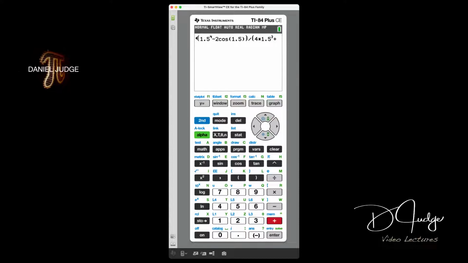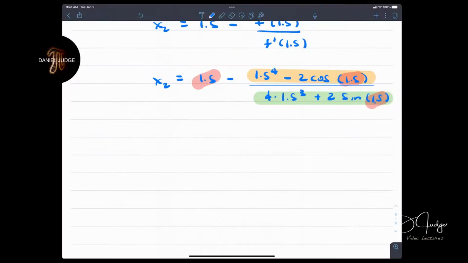Now this is plus 2 sine of 1.5, and close this twice here. So double check, this is what we entered in the calculator.